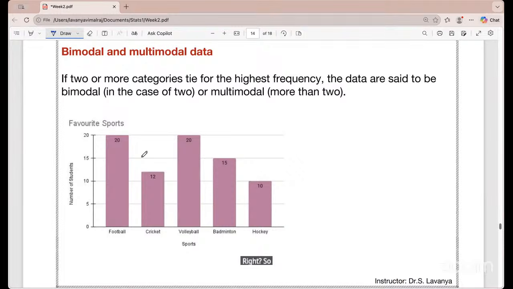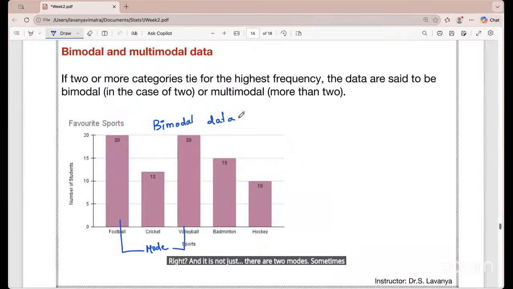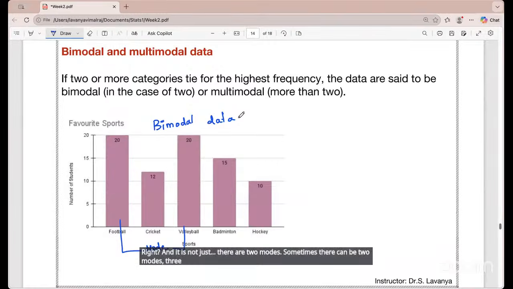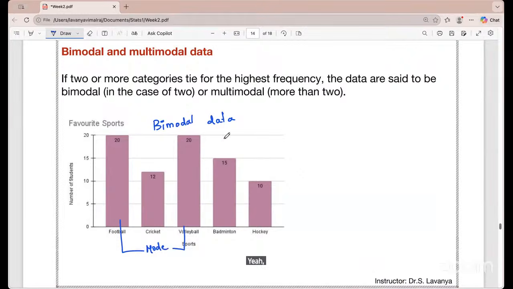So what is the mode in this case? Both are modes, football and volleyball. So this is bimodal data. And it is not just two modes. Sometimes there can be three modes, more than two is also possible. Yes, multimodal.